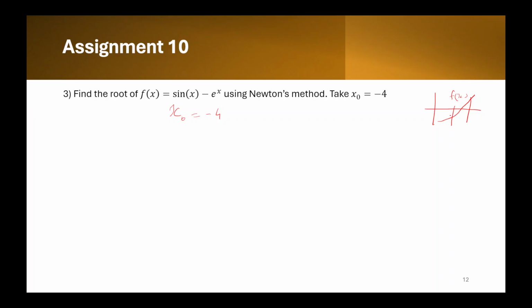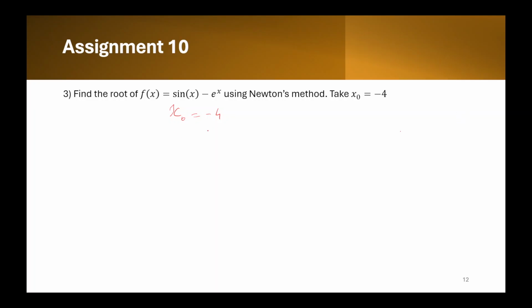You need to keep on computing your f(x), assuming some values to get this range, and then take either this or this point as your x naught. For Newton's method, if you take the initial guess close to your solution, the iterations are fewer and the computation becomes faster.